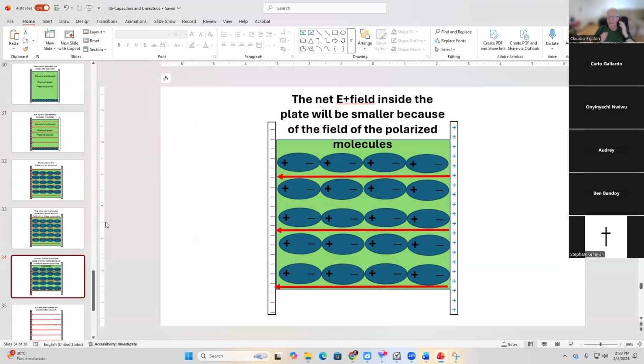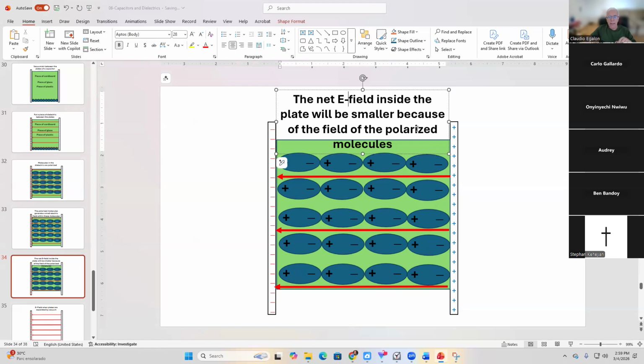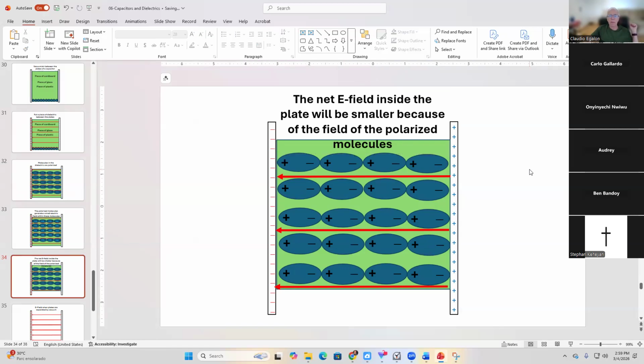That's a very good qualitative way of understanding what happens in the dielectric at the microscopic level. It's a model, and it's a model that works very well. The net E field inside the plates will be smaller because of the fields of the polarized molecules. So we can write that down in the notes.